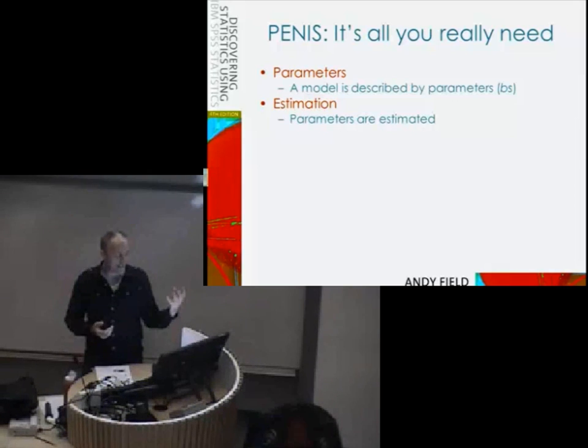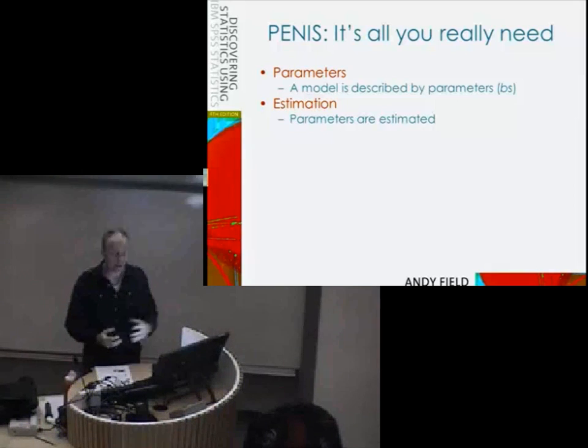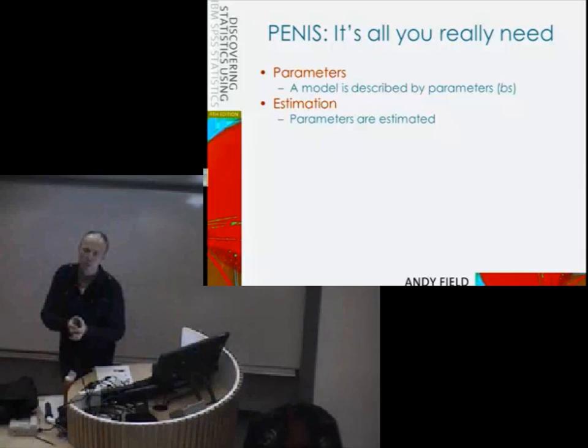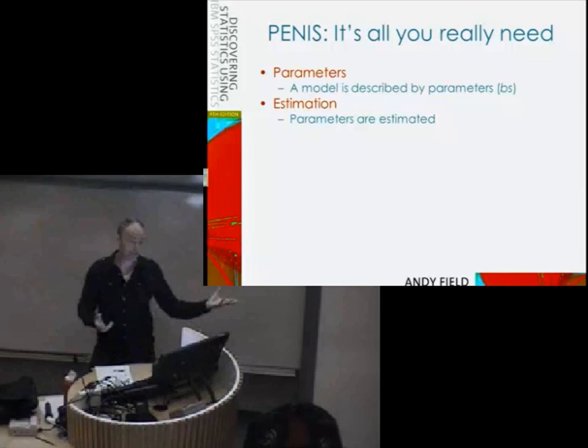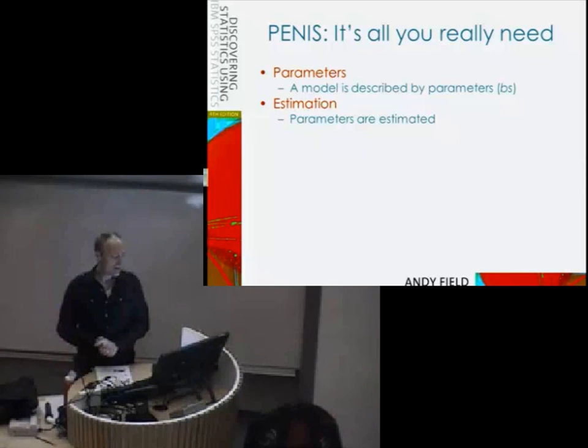Now, when we talk about estimation, why do we say that parameters are estimated? Well, it's all down to this idea that we talked about last week of we don't have access to the population that we would like to make predictions about, so we use samples. So we calculate the parameters in the sample. We calculate the mean, that's a parameter, or we calculate a beta value like in regression.